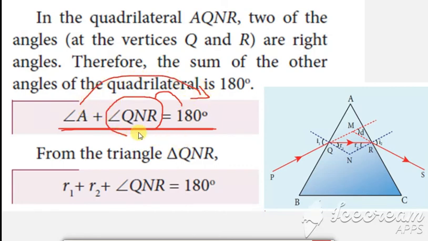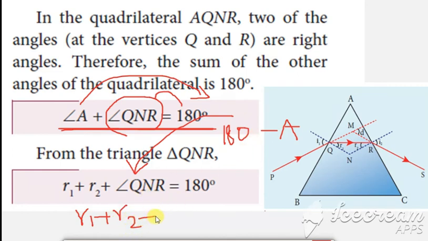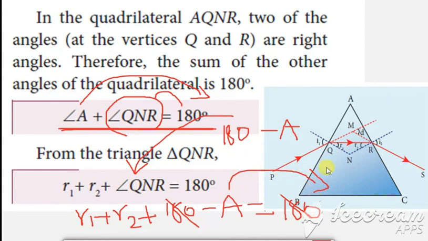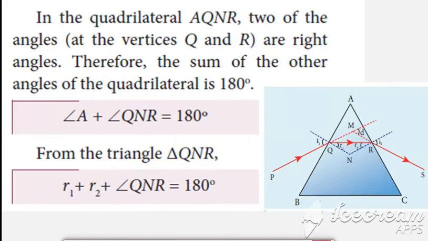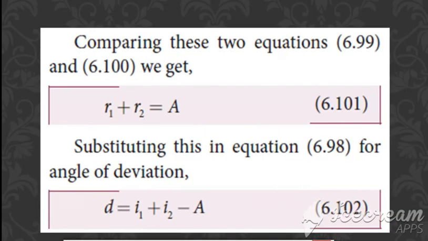So we get QNR is equal to 180 minus A. Substituting this value of 180 minus A, we get R1 plus R2 plus 180 minus A is equal to 180 degrees. Both sides cancel the 180, and bringing A to the other side, we get R1 plus R2 is equal to A. So that is the equation we are going to write here: R1 plus R2 is equal to A.